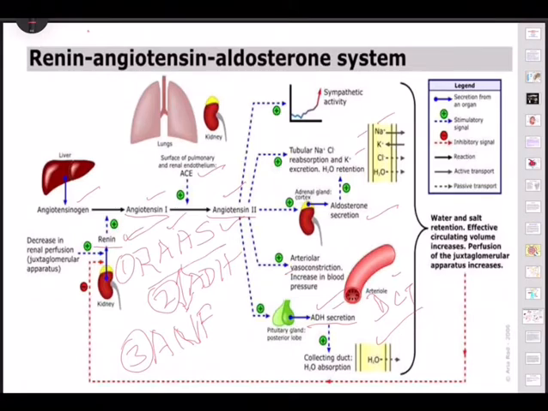Angiotensin 2 increases the synthesis and release of aldosterone. Look at that, aldosterone, and raises blood pressure directly by constricting blood vessels and stimulates sodium reabsorption by the PCT, proximal convoluted tubule. So that is the purpose of it.